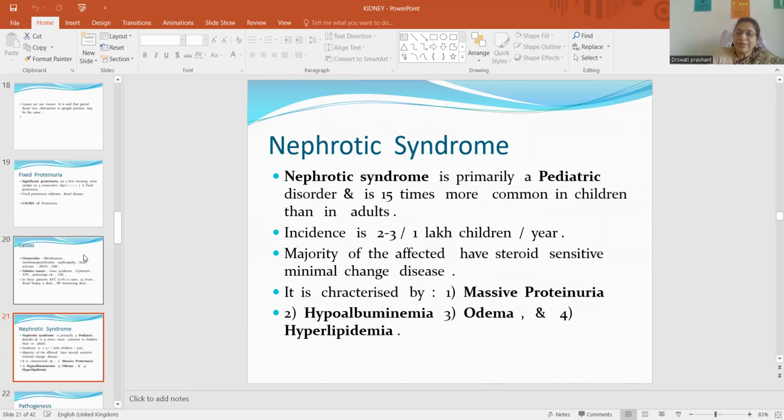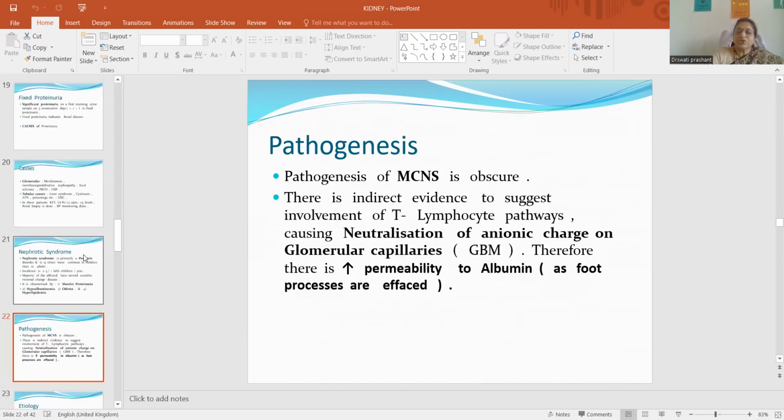It is characterized by massive proteinuria, leading to hypoalbuminemia, leading to edema and hyperlipidemia. The pathogenesis of minimal change nephrotic syndrome is obscure. There is indirect evidence to suggest involvement of T lymphocyte pathways, causing neutralization of anionic charges on the glomerular capillaries of the glomerular basement membrane.